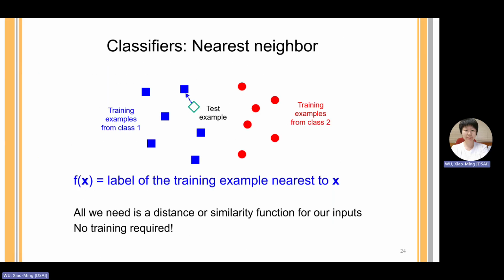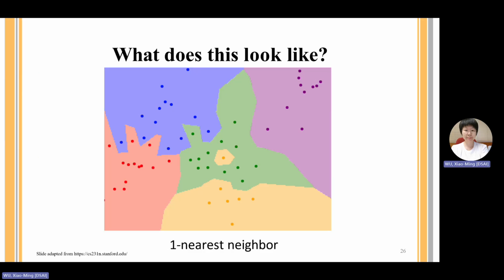Okay, so this is a picture showing the results of one nearest neighbor classifier. The boundary of the color region represents the classification boundary.